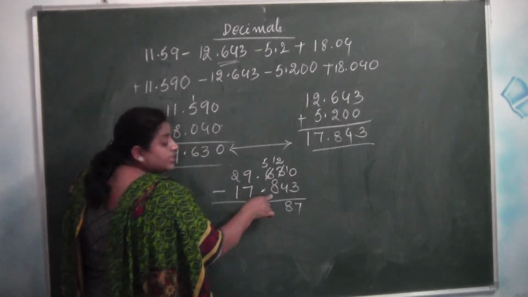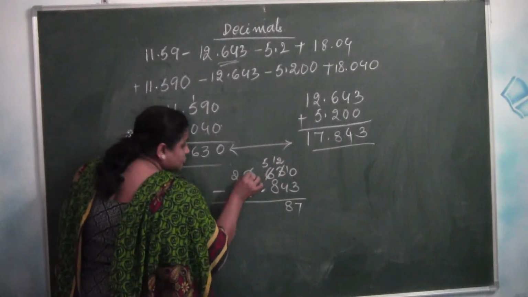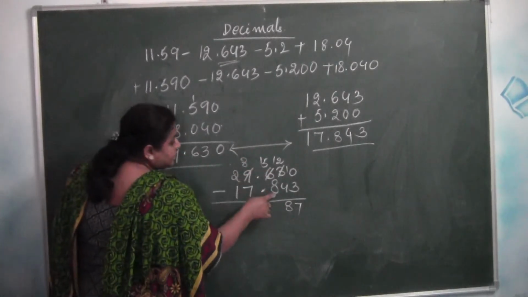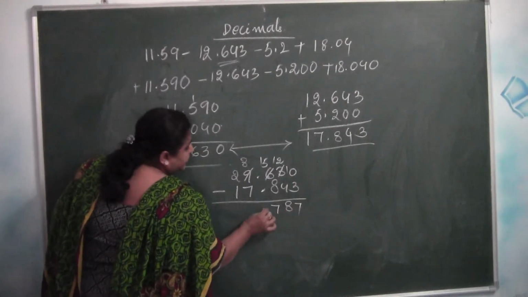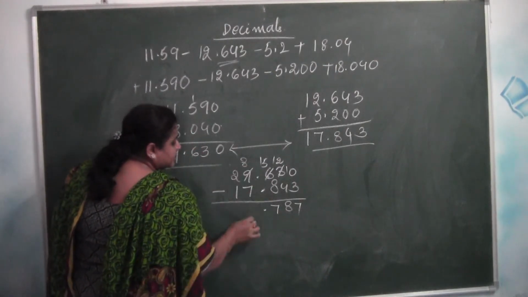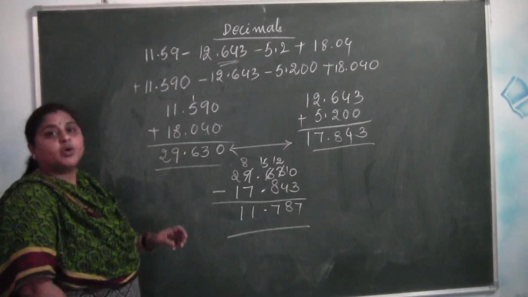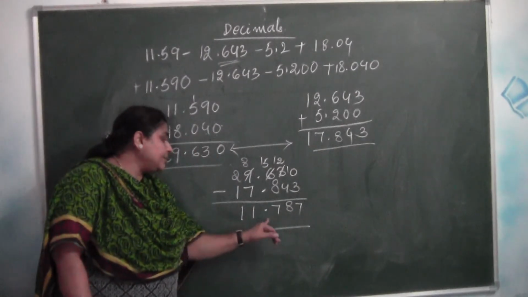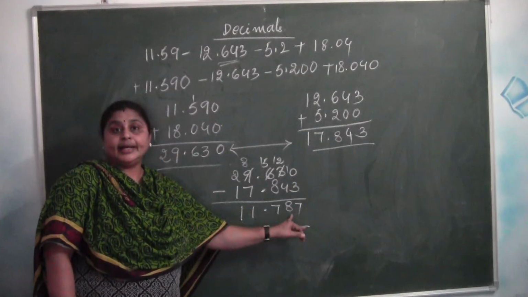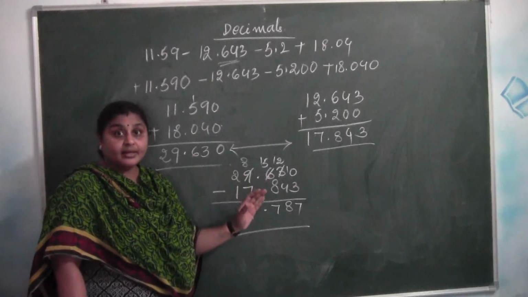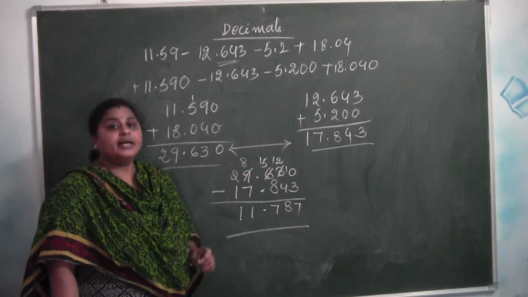Again from 5, I can't take away 8, so 9 changes to 8 and 5 changes to 15. 15 minus 8, 7. 8 minus 7, 1. 2 minus 1, 1. What is our final answer? 11.787. So this is how you add and subtract decimals.